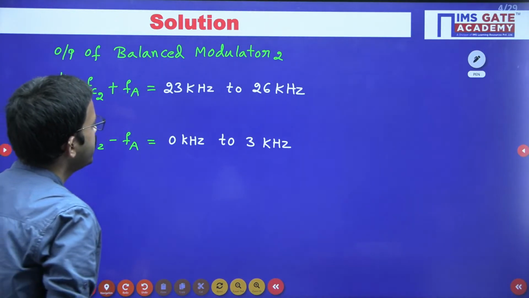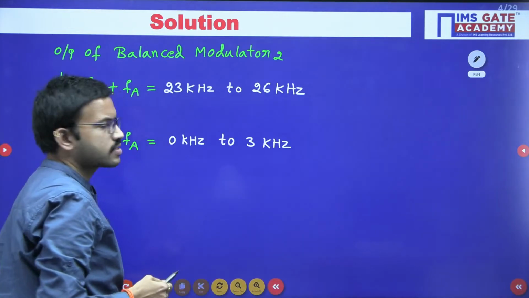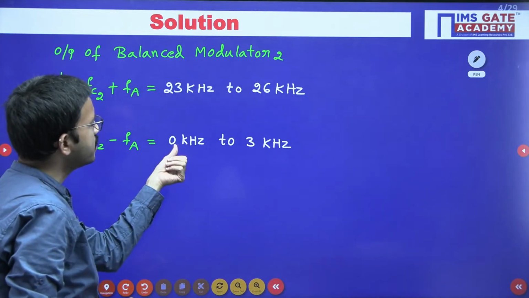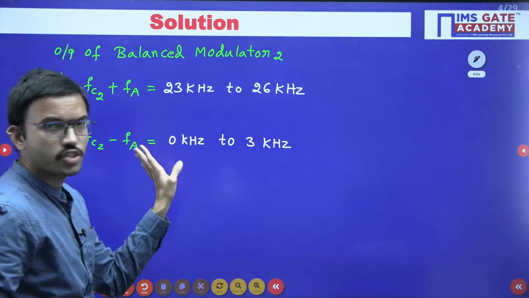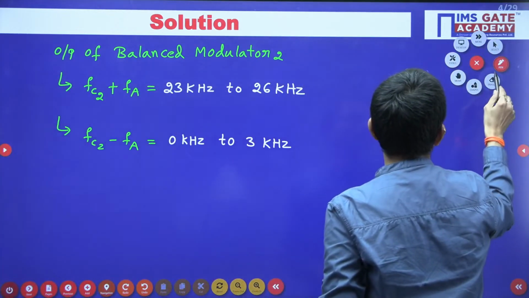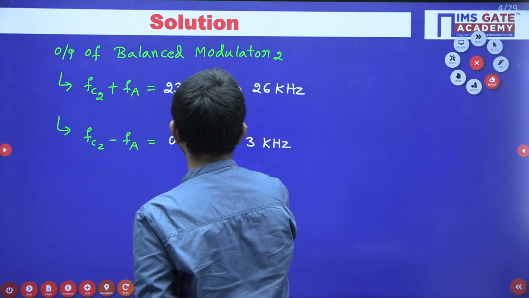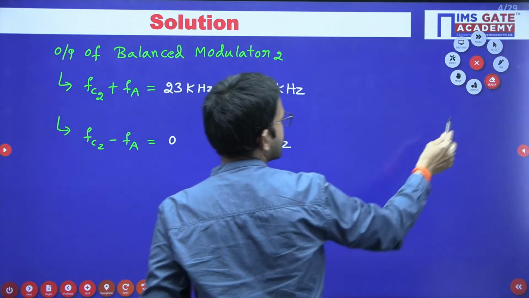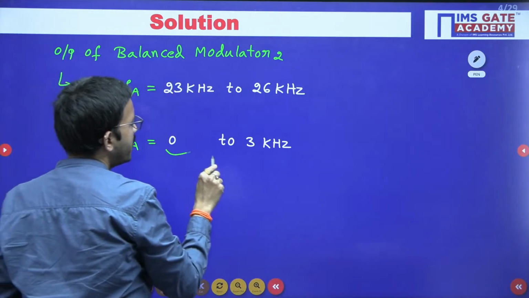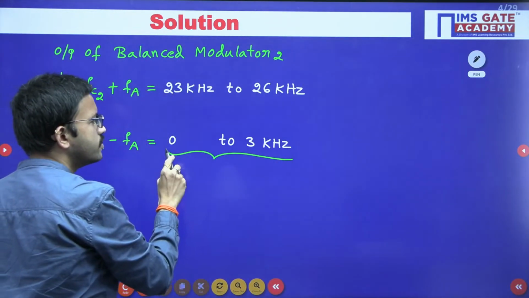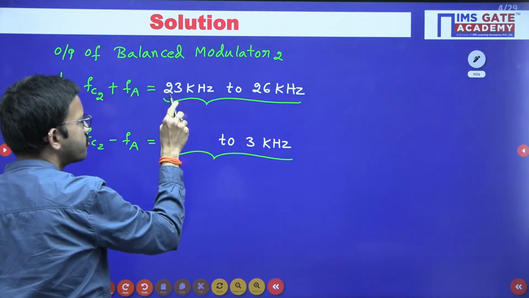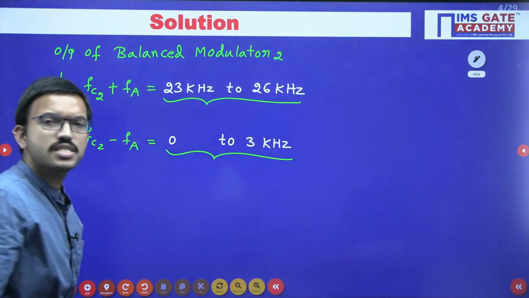So here you are getting two ranges of frequencies. 0 kilohertz or 0 hertz, both are the same, because when you multiply 0 with anything, you simply get 0. So you get one band of frequencies from 0 up to 3 kilohertz, and another band from 23K up to 26 kilohertz.